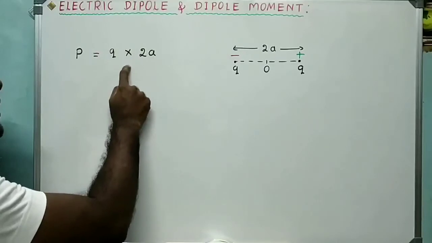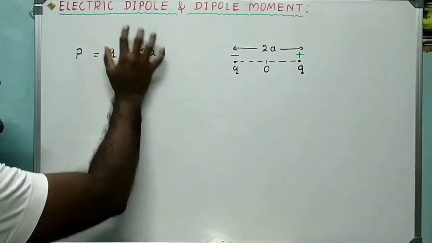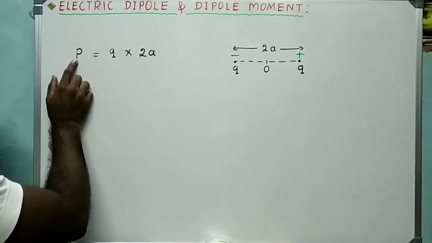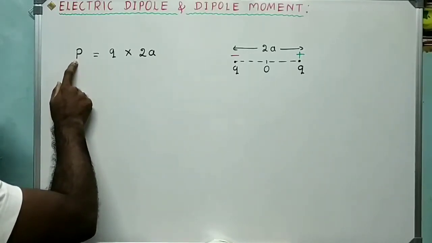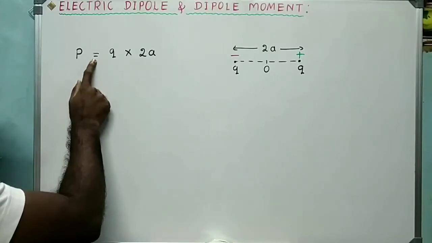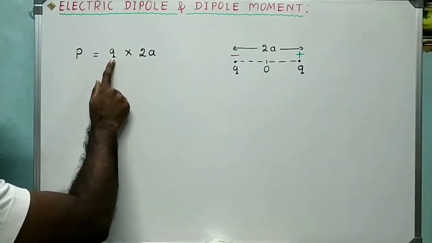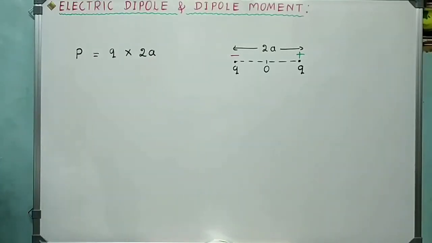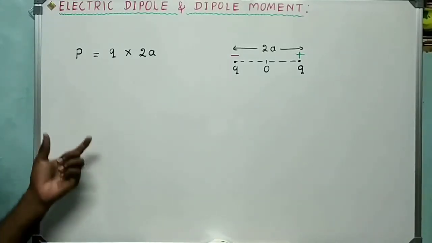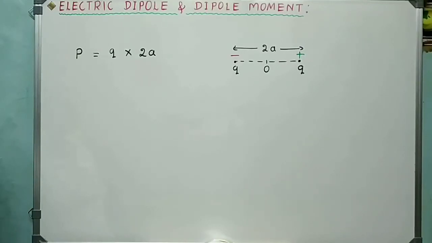If you multiply this Q and 2a, that gives the strength of the electric dipole, which is nothing but the dipole moment. Okay, my dear students, here one more thing you should remember.